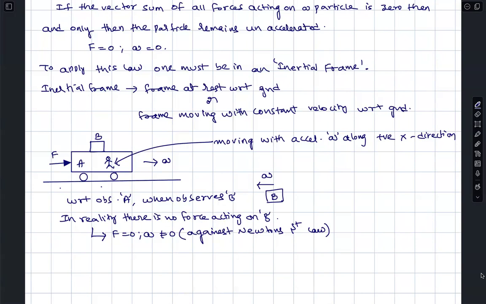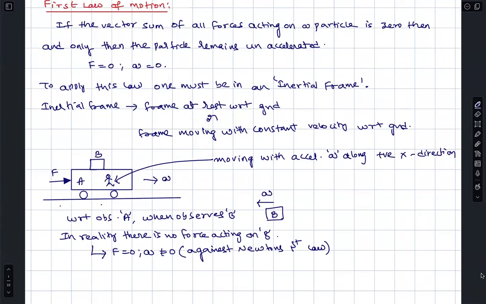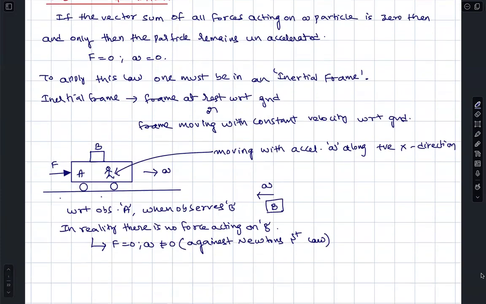You should be in an inertial frame. Got the point? Any doubt till this point? Any student in this class? If you have any doubt, please ask me. So therefore, it applies only for inertial frame.